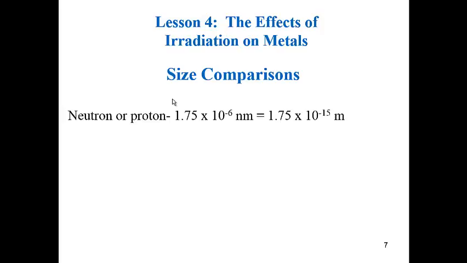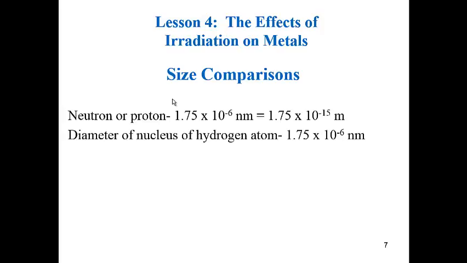That's really small. The diameter of the nucleus of a hydrogen atom, the simplest atom, which is one proton surrounded by an electron, is 1.75 times 10 to the minus 6 nanometers. That's the diameter of the nucleus, because it is a proton.